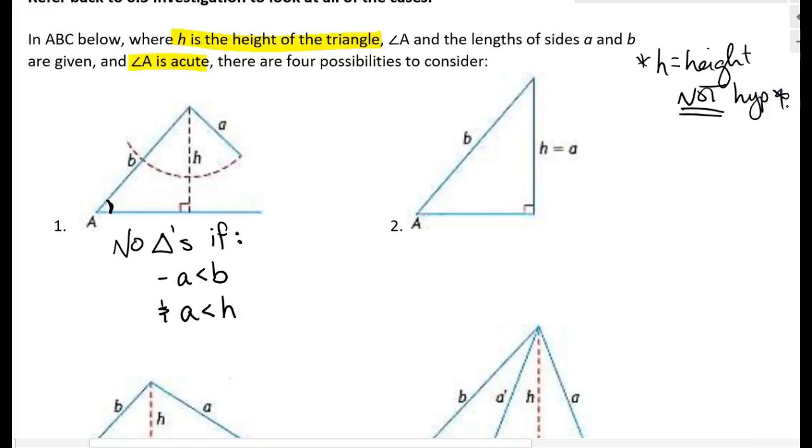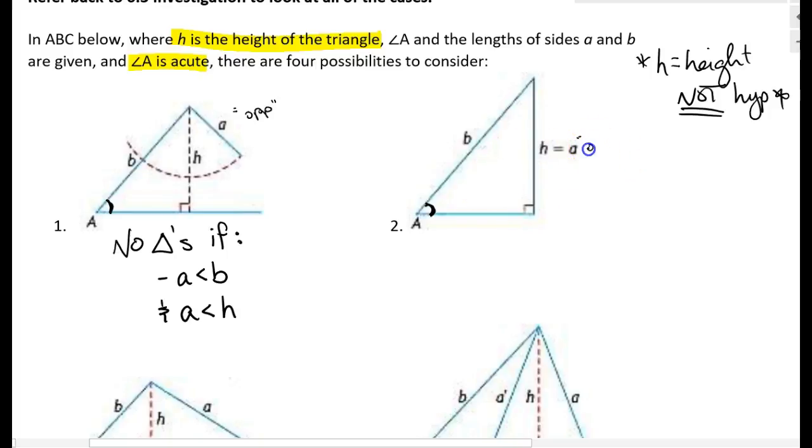Okay. So our second option is that we get exactly one triangle, and that happened when our height was exactly the same length as our opposite side. So again, working with angle A, so side A is our opposite. I'm just going to put it in quotes because we're not talking about necessarily a right angle triangle.